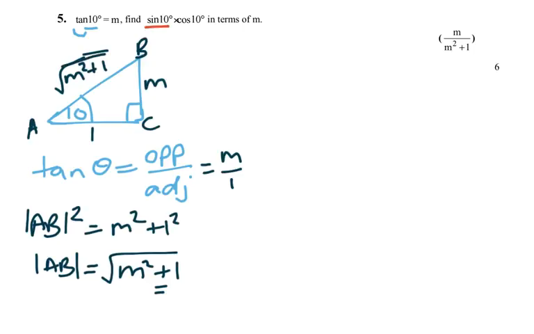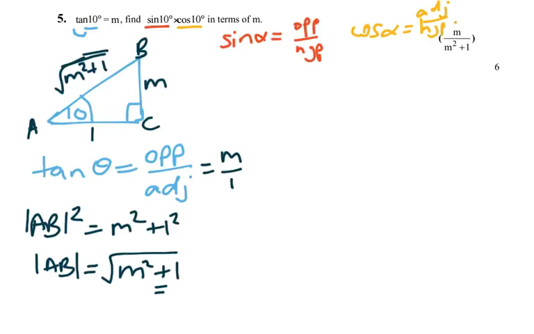We need the sine of 10 multiplied by the cosine of 10. So let's remember the sine ratio. The sine ratio of an angle is equal to the opposite side divided by the hypotenuse. And for the cosine of an angle, it's the adjacent divided by the hypotenuse.